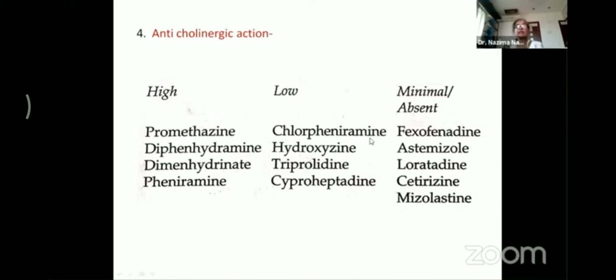And then the drugs with minimal or absent anticholinergic action, generally the second generation, newer drugs like fexofenadine, astemizole, loratadine, cetirizine, mizolastine. This is the classification based on the anticholinergic action.